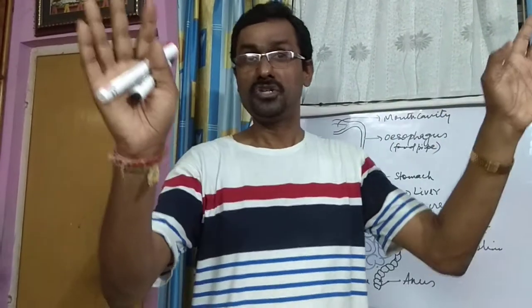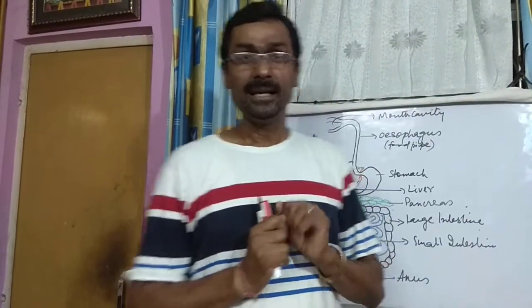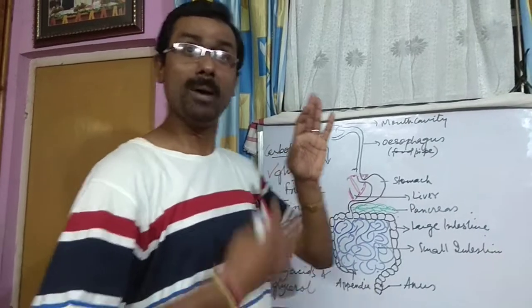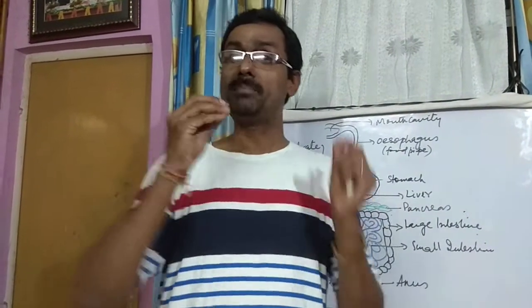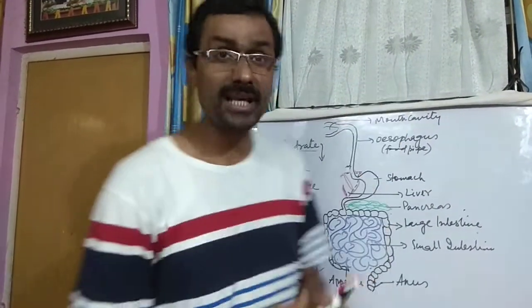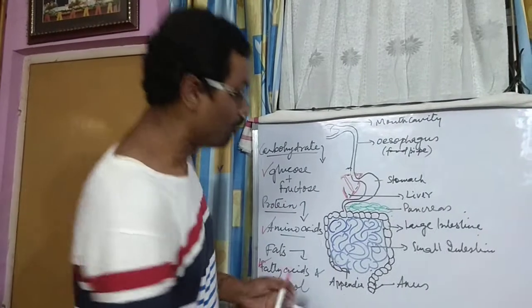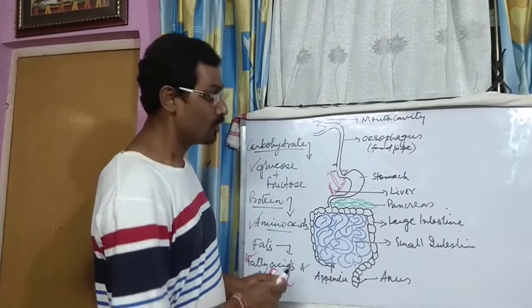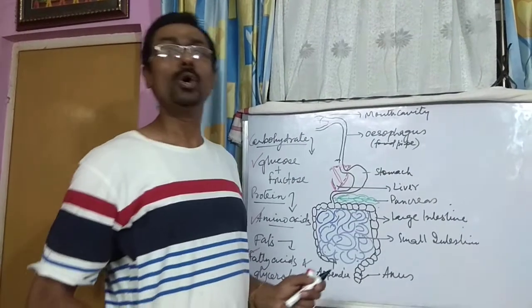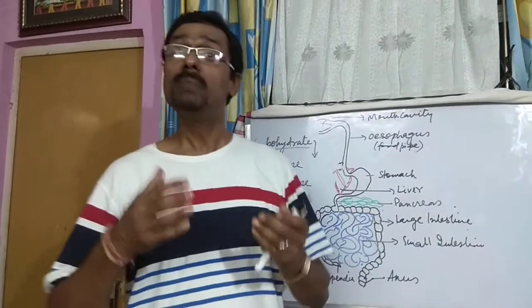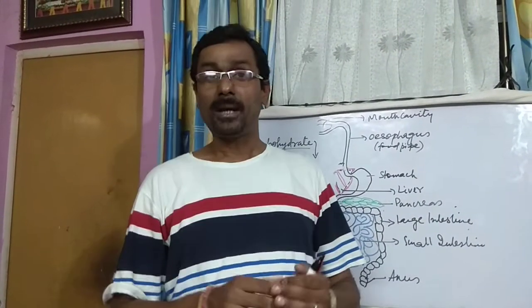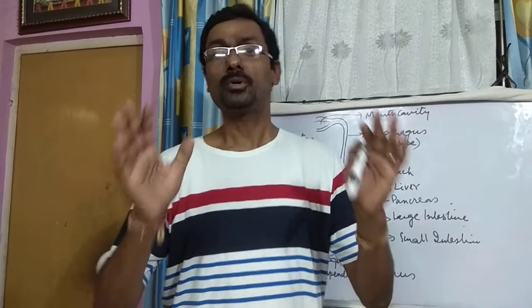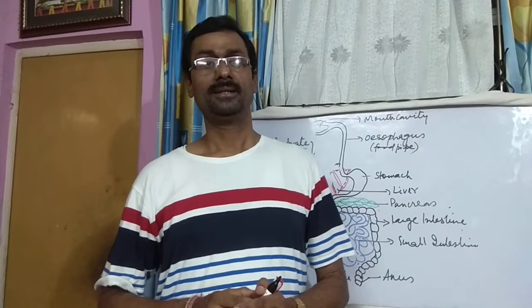Transportation, assimilation. Got it? Remember, whenever you take food, waste material will be generated. In this process, some waste will be generated, which will be thrown out by the anus. Egestion. So this is the process of digestion we are finding in the case of human beings. So that is the third part. I completed the process of digestion. Thank you, students.